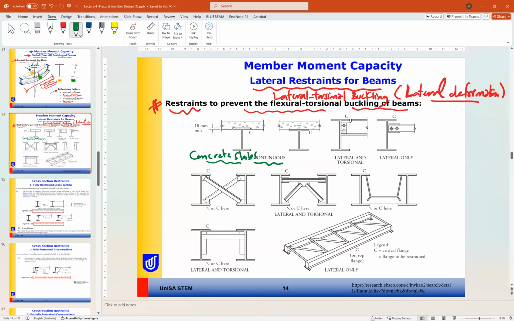Another option is a beam connected to the top flange. So this beam will provide lateral and torsional restraint to the beam. And for this one, the beam is not providing torsional support, but it only provides lateral support.